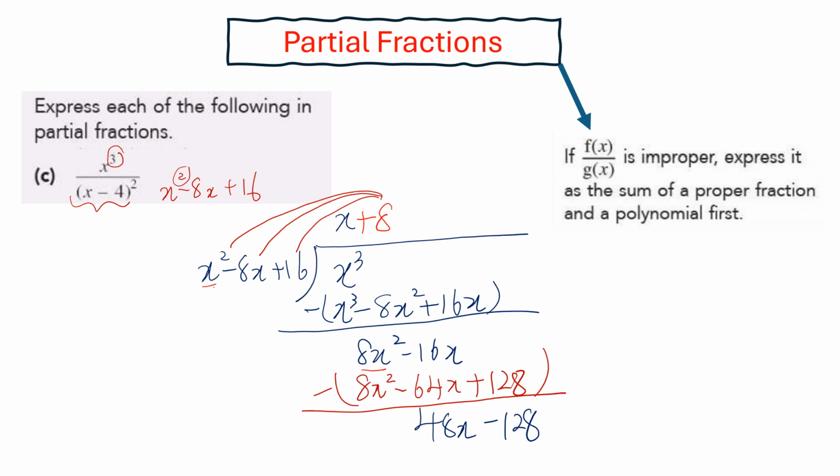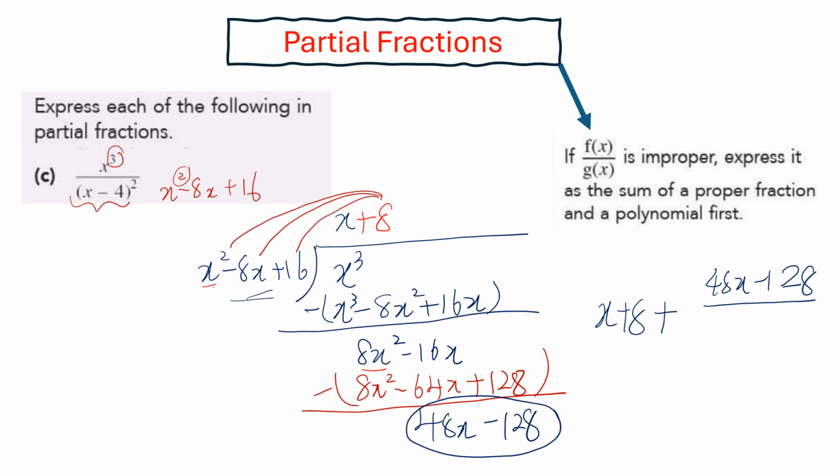Alright, so how do I write it as a proper fraction and a polynomial? So this will be equal to the quotient, which is your x plus 8, then plus the remainder, which is 48x minus 128, over your divisor, which is your x squared minus 8x plus 16. But of course, your x squared minus 8x plus 16 is derived from bracket x minus 4 to the power of 2.